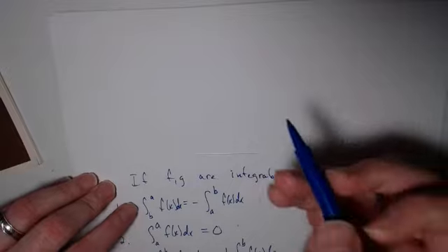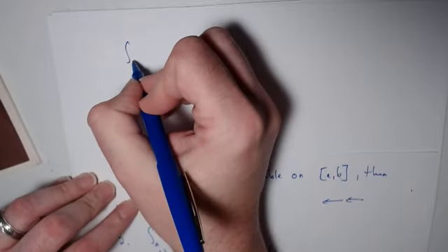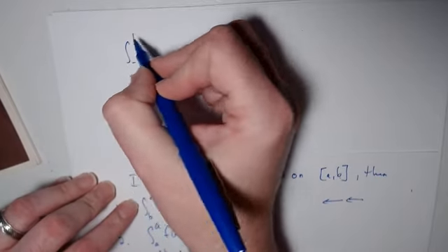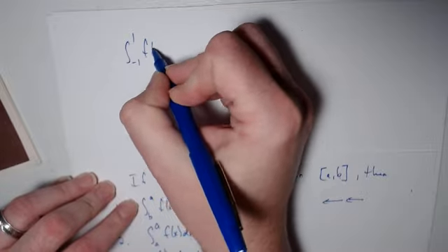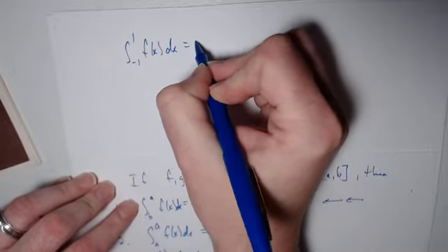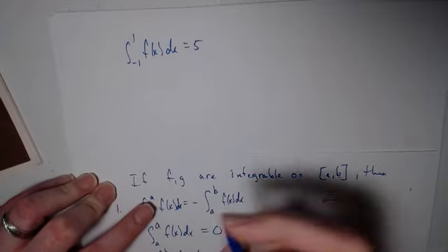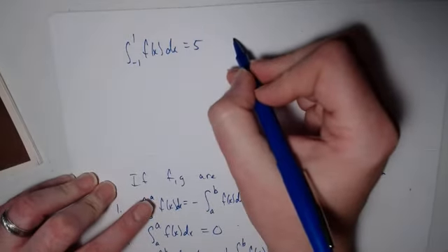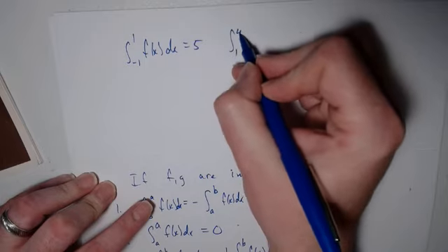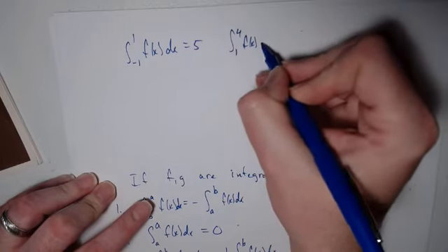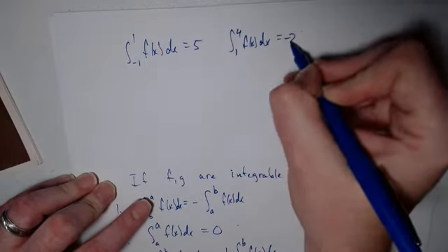I'm going to do example 2 on page 323, and we start with just the knowledge that we have these values. So we have some function whose integral from -1 to 1 is 5. We have the same function, the integral from 1 to 4 is -2.